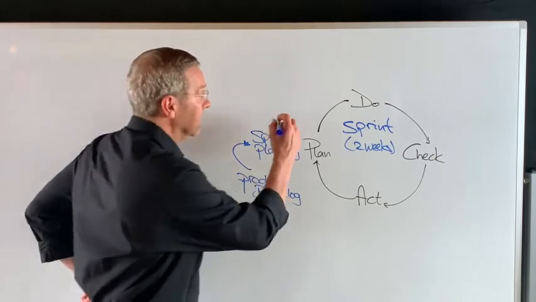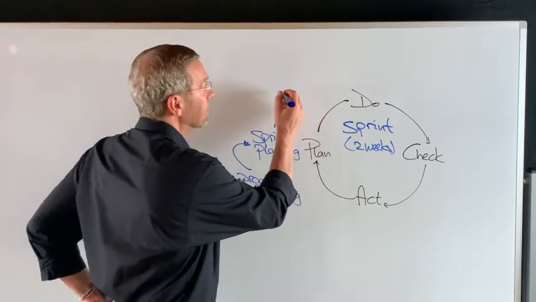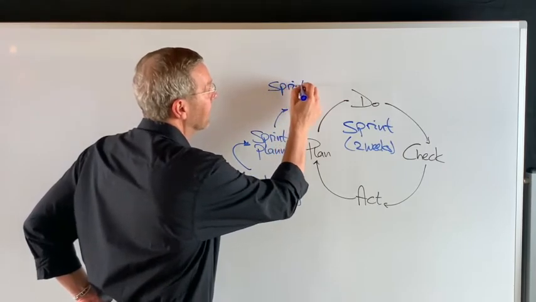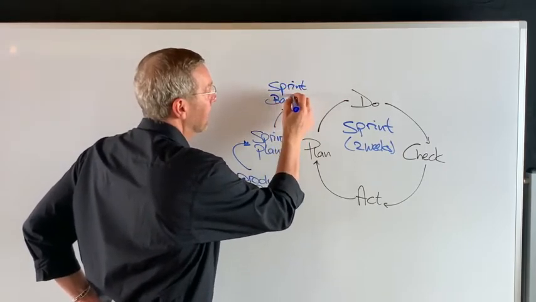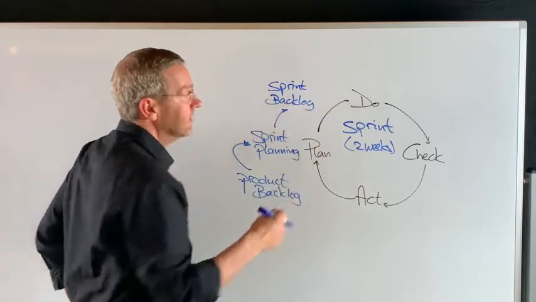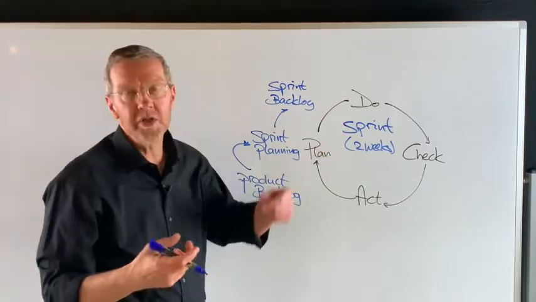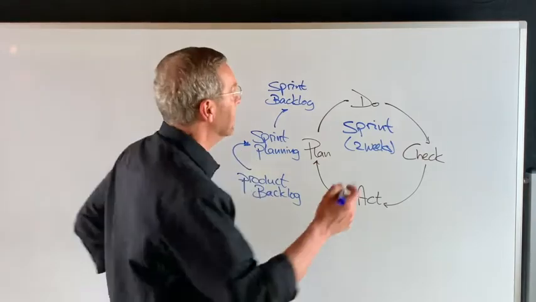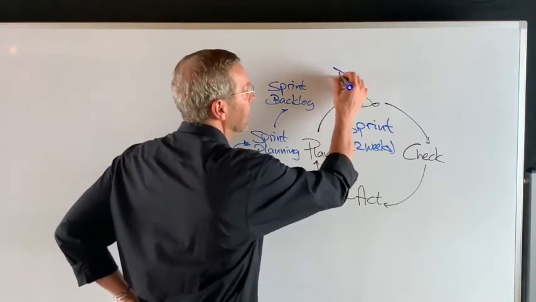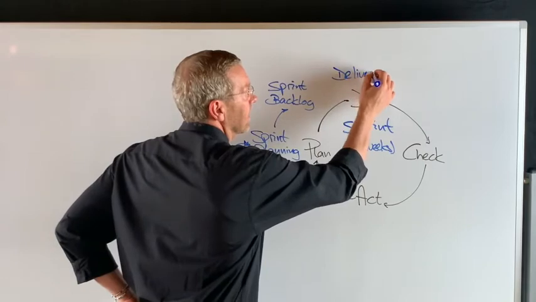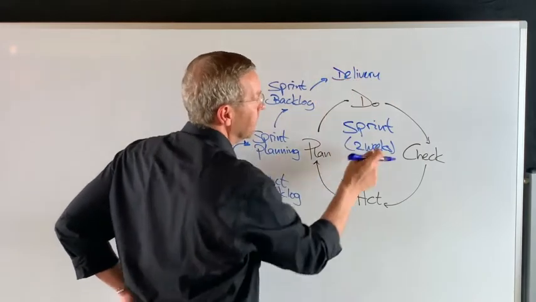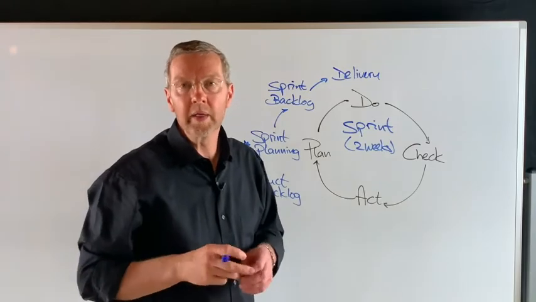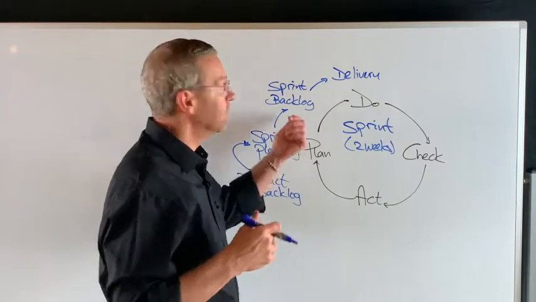So work gets picked up, and sprint planning produces the steps, the activities, the sprint backlog. Then the work starts, the do starts, engineering starts. And that delivery work continues for two weeks with a daily check-in that things are going according to plan.